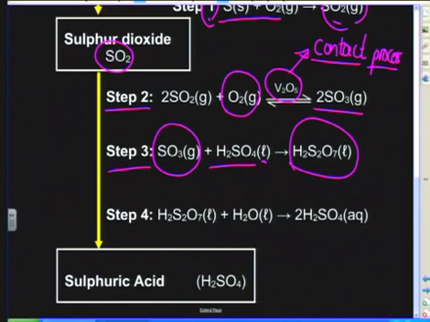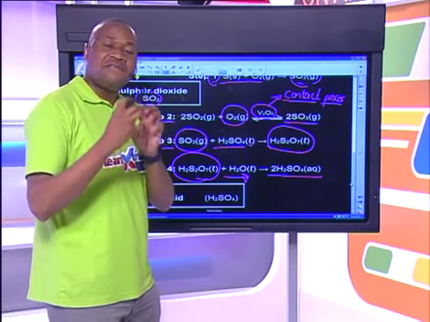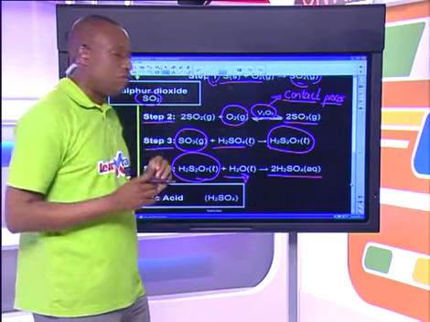All right, so that's what we have there, and this highly concentrated sulfuric acid is now placed inside water, dissolved to give us our sulfuric acid here, and this is the contact process. In short, this is how the contact process happens. So you need to know all these steps. You need to know the chemical formulas of all the substances involved in those steps there.